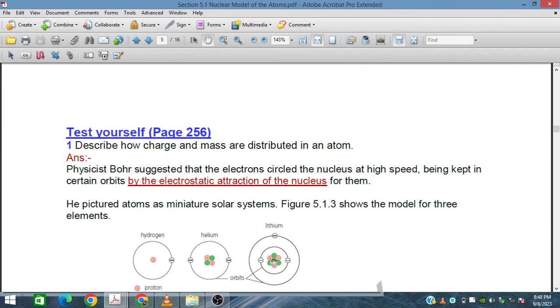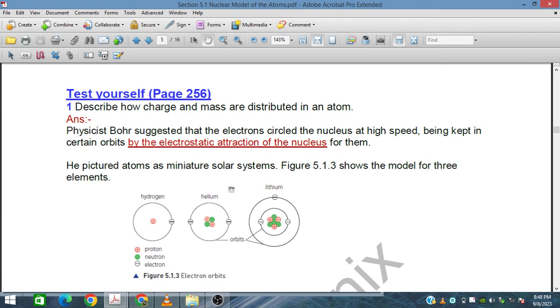Because of this electrostatic attraction, they maintain their orbiting positions.